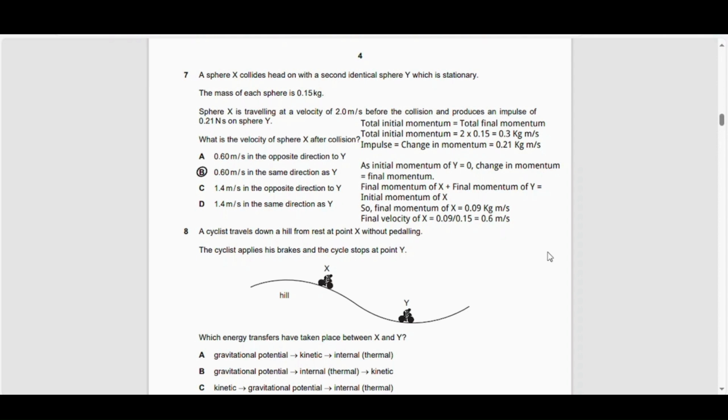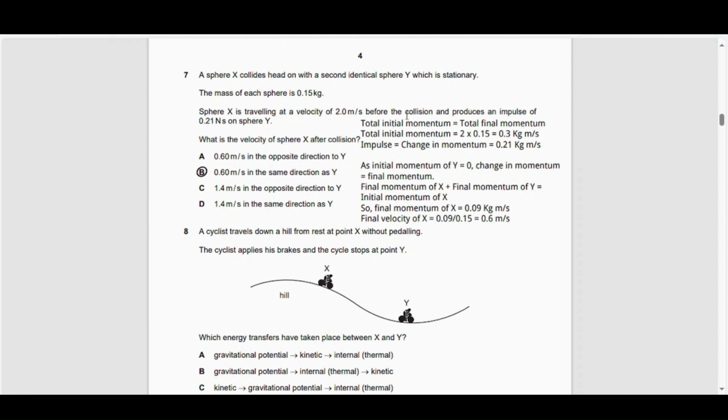So we'd be able to find the initial momentum of the system, which is the initial momentum of X plus the initial momentum of Y. Because Y is stationary, there is no initial momentum of Y. So essentially, the initial momentum of the system is equal to the initial momentum of X. And we have calculated that to be 2 into 0.15, which is equal to 0.3 kilogram meters per second.